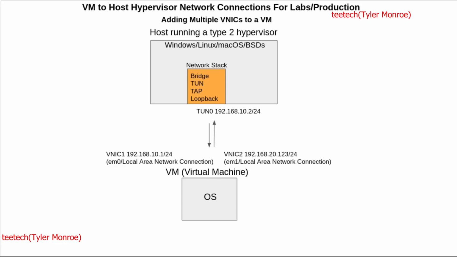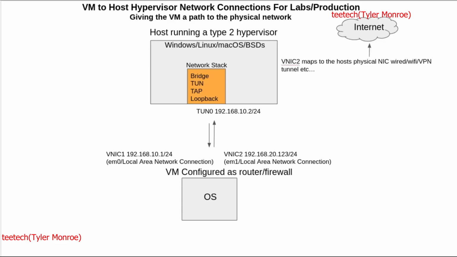So now you can also take it a step further, and if you want to add more than one network interface, you would have tun0 here, and then that could go into the first virtual NIC for it. The same concept happens though, and you could have a second one bridged to a physical NIC on your host, and that would go out to the internet.